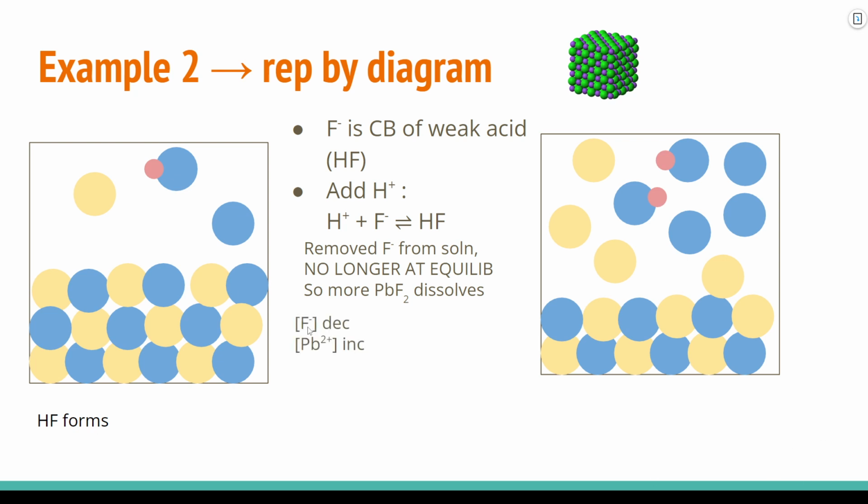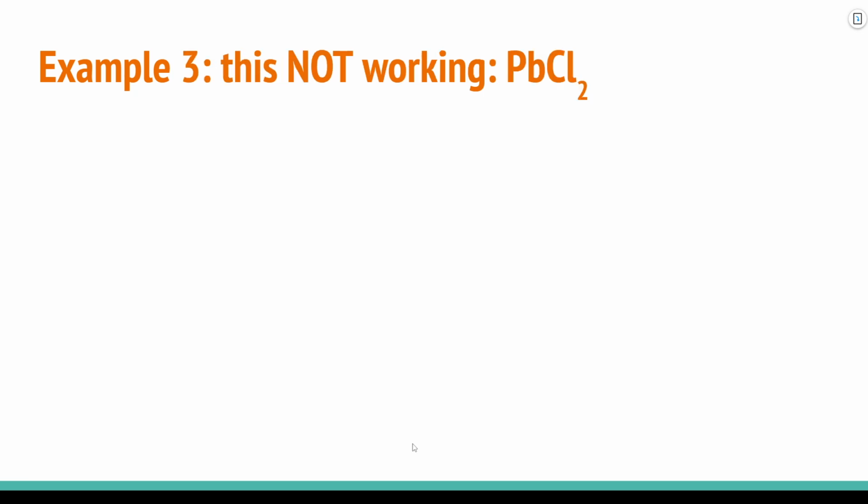So the F minus concentration is decreasing from when I added the H plus. And so because I added the H plus, then the salt needs to dissolve more. And so the system is going to reach whatever the equilibrium is when the system increases the lead 2 ions.